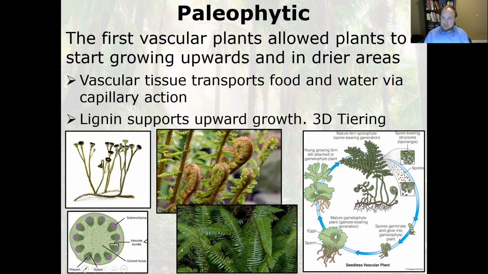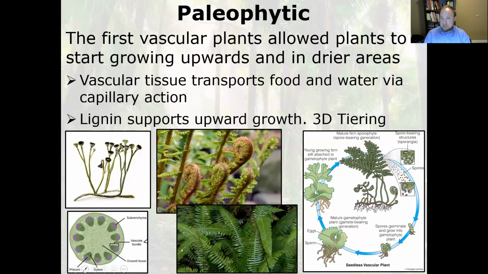And so not only do you have the vascular bundles to move food and water up to higher elevations, you also have the lignin that develops as a scaffold, a support structure. And so plants are finally able to start reaching up above the floor, the ground surface.